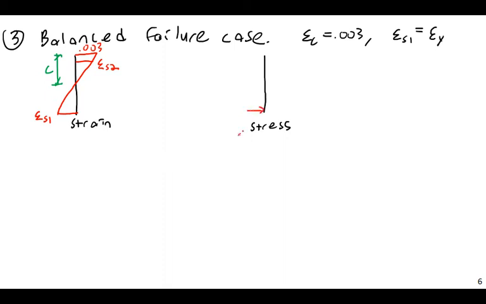My tension steel will be at some fs1, and then I'll have some fs2 at the location of the compression steel. fs2 is the stress in the compression steel. Then I'm going to have some compressive stress in the concrete at a depth of a, and this is going to be the 0.85 f'c.